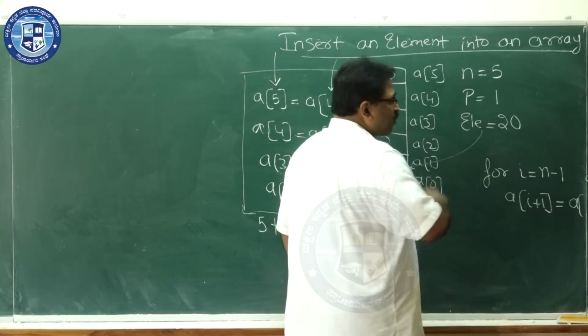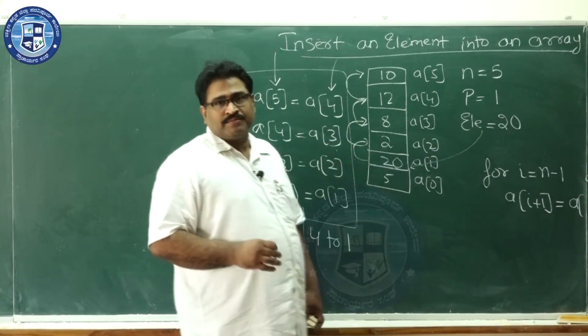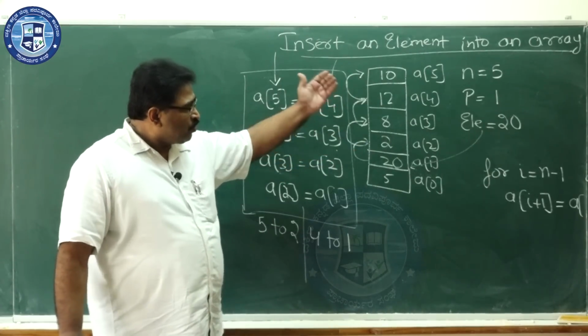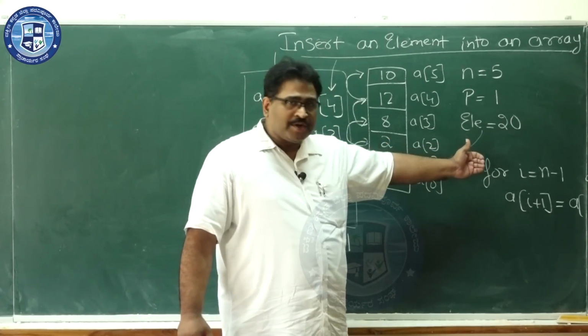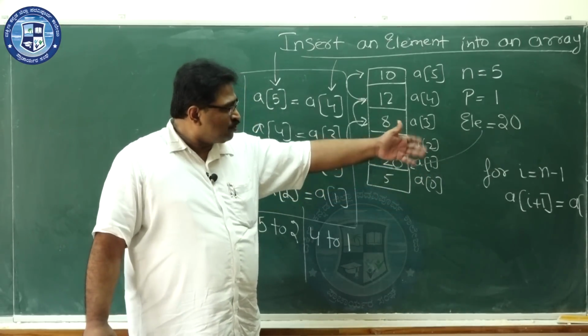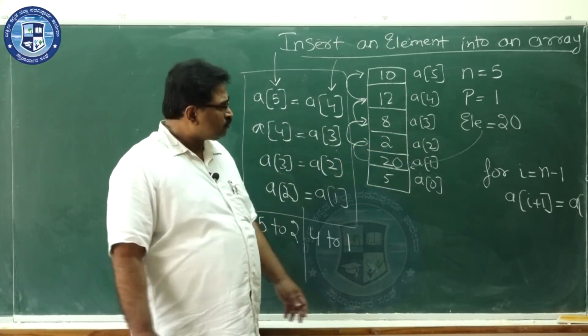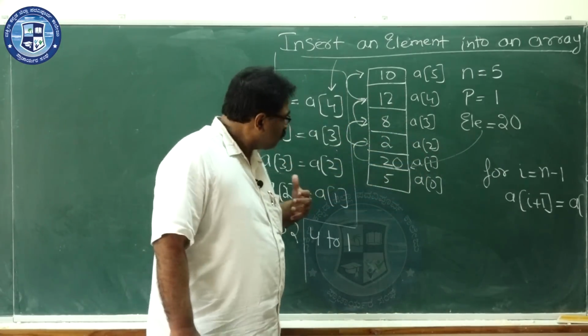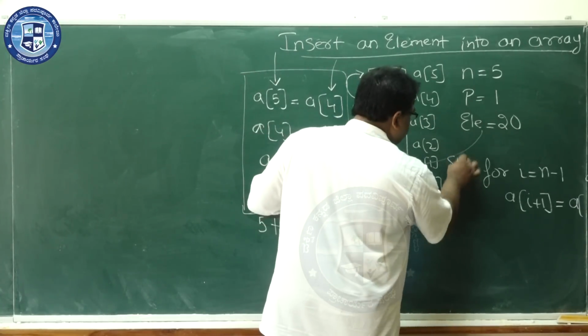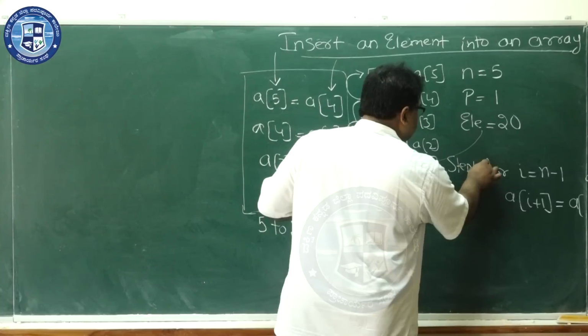This is a very, very important part of your algorithm. So you have the statement: for I equal to n minus 1 down to P, A of I plus 1 is equal to A of I. Right? So this should be my step 1.